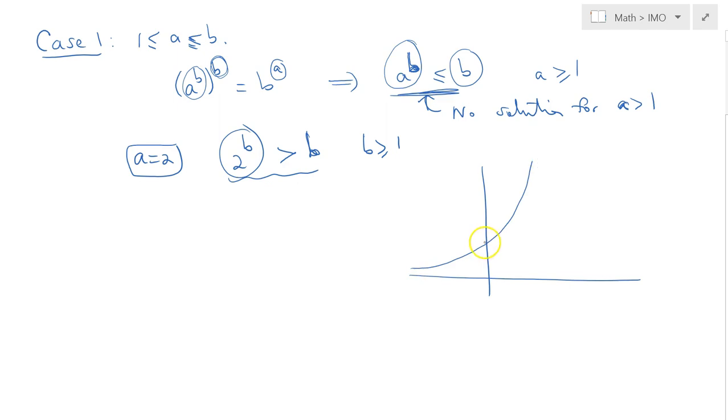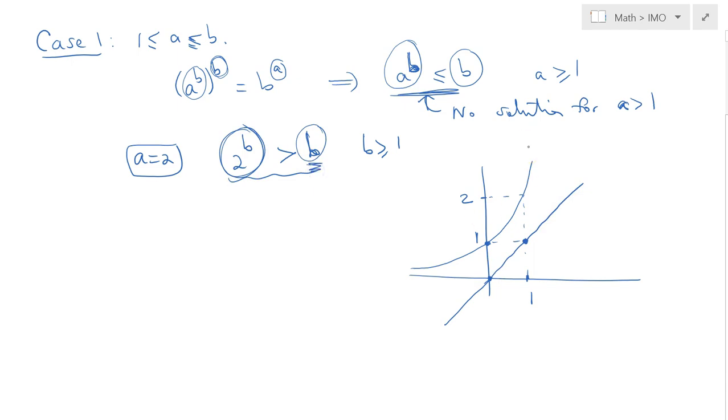When b is equal to 0, it will hit the 1. When b is equal to 1, it will hit 2, like here, and so on. And then it's exponentially increasing, versus the right hand side is just equal to 0 at 0, and then 1 at 1, and then that's it. It's a linear function.